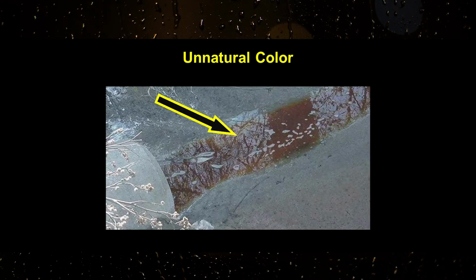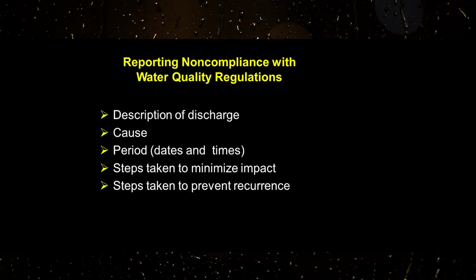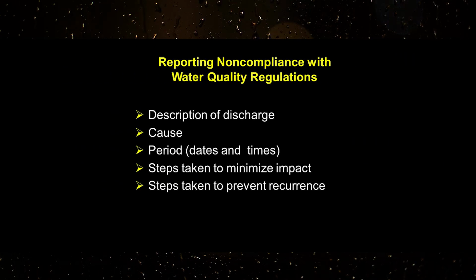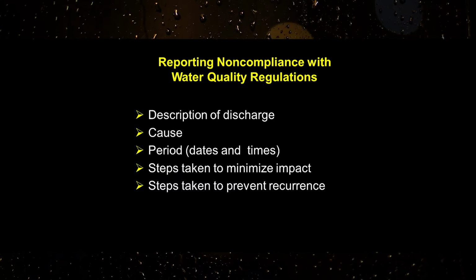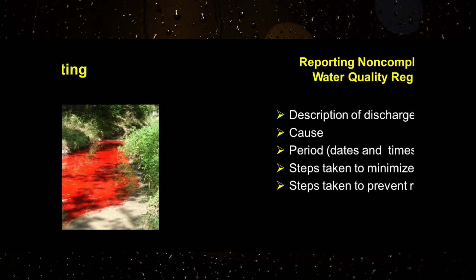In any instance of noncompliance with the requirements of federal or state water quality regulations, the written reporting shall include a description of the discharge and the cause of the noncompliance, the period of noncompliance, including dates and times, the steps taken to minimize the impact, and the steps taken to prevent reoccurrence of the unauthorized discharge. All instances of noncompliance shall be reported as follows.